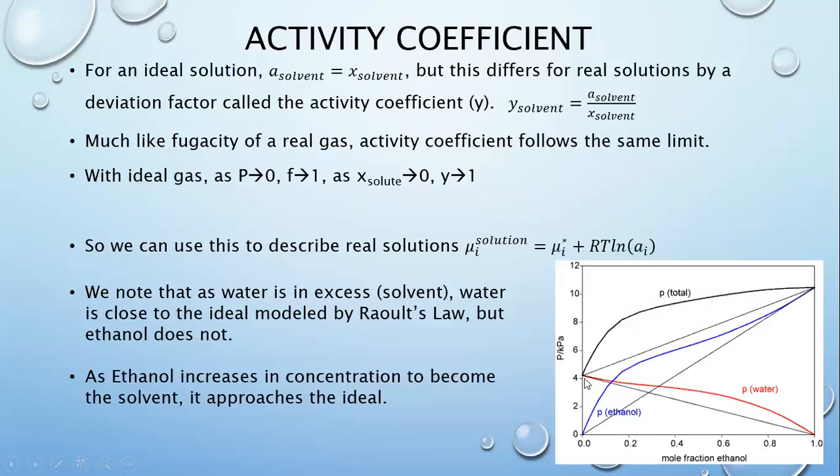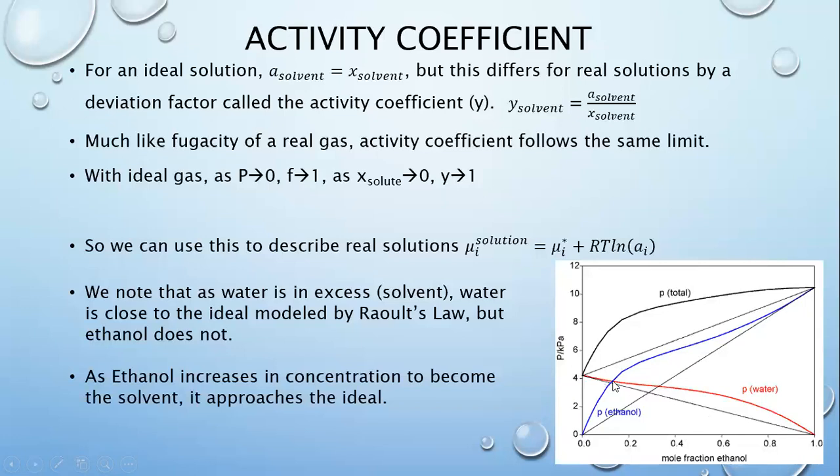So we're saying as the amount of water goes up, the pressure of water goes up, and when that's 0, it is dropped down to nothing. If the amount of ethanol is 0, it's 0, and then some. And this is how we'd expect it to be if we just use these from ideal.